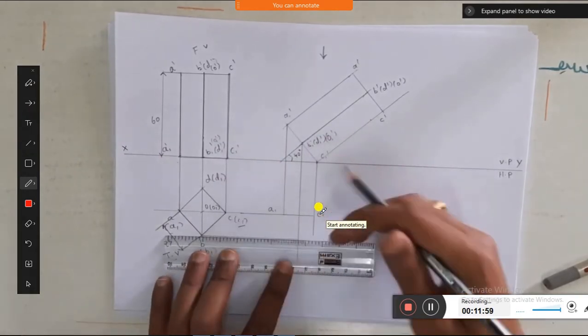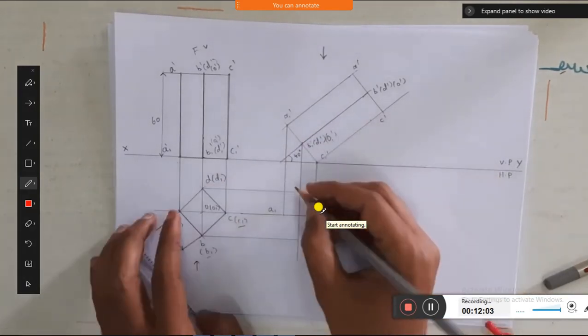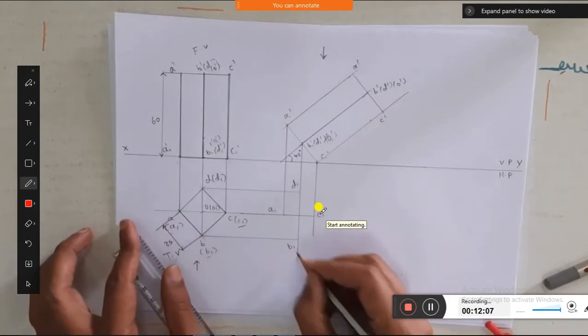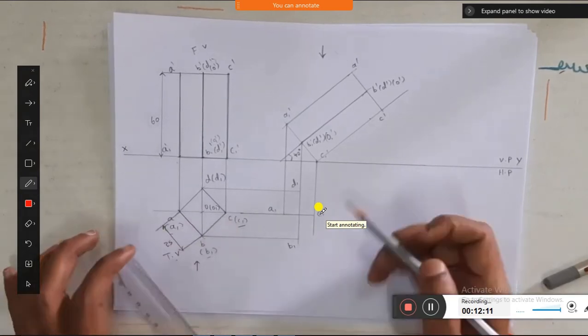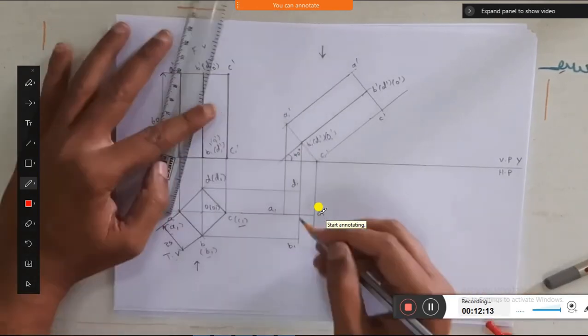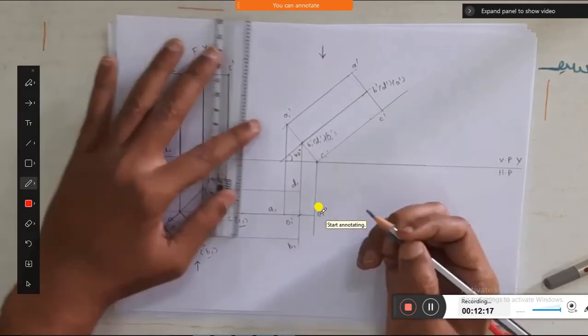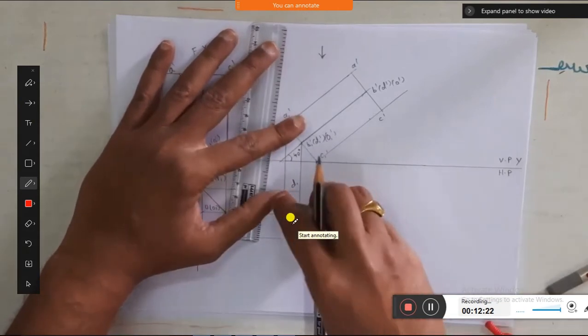Yes, see, it is called B, D1, and B1. And remove that extra projected line, it may confuse, so for that purpose you have to remove all extra projected lines. That is A1, O1, it's only O1, it is not O1 dash, it is O1.